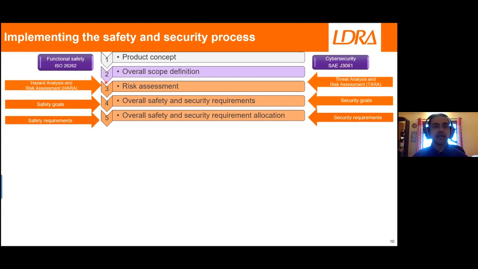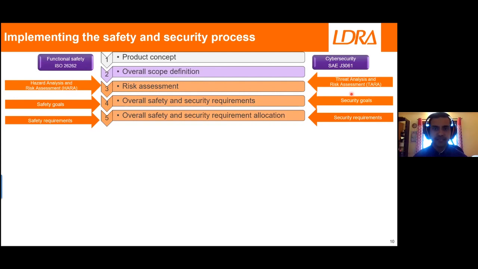But now, from the safety point of view, it's the hazard analysis and risk assessment, which we typically call HARA. Then of course, we need to define the safety goals and the safety requirements, which will be a part of your product design. But from the security point of view, instead of a hazard analysis, it typically gets renamed to the threat analysis. What kind of different threats may occur?